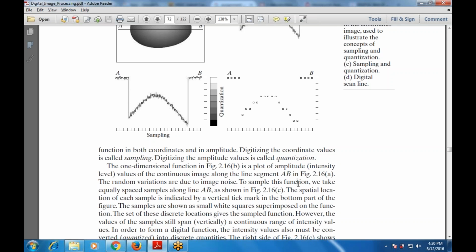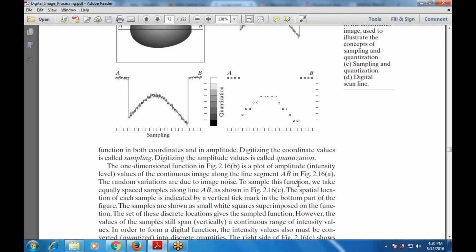known as quantization. And the one-dimensional function is a plot of the amplitude, that is the intensity level or value of the continuous image, along the line segment AB. The variations in the line segment AB, the random variations, are due to image noise.